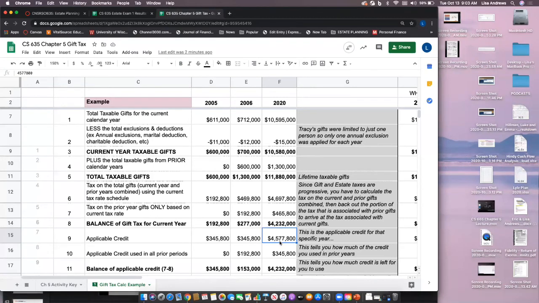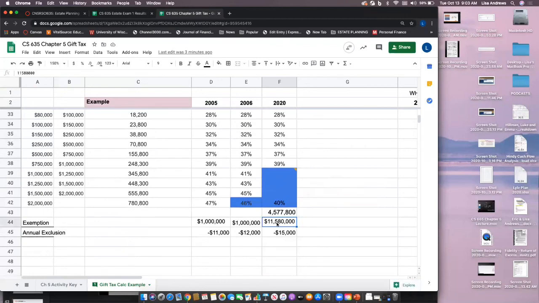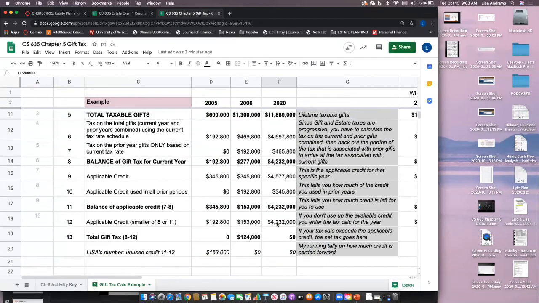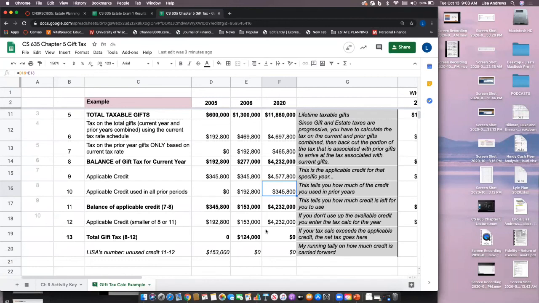And that is again the tax credit that's associated with giving away $11,580,000. And the applicable credit used in all prior periods used up the full 345.8 that was available in previous periods.